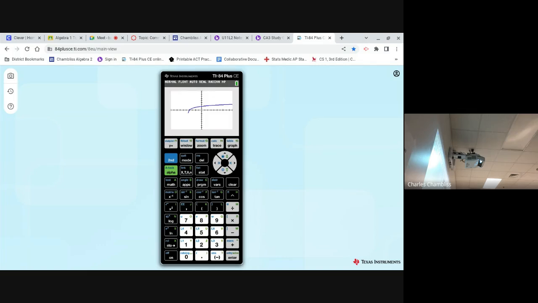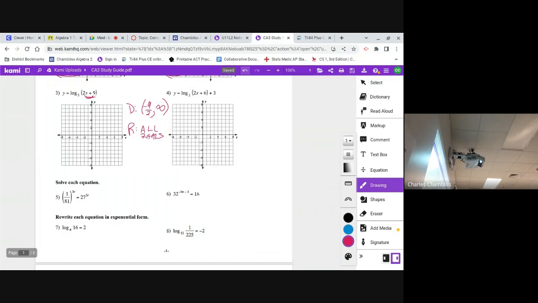Graph it. Looks like that. Remember, the calculator doesn't show it, but it does go infinitely down right there. Look at the table to get a couple of helpful numbers. -4, 0, -3, 1, 0, 2. Looks like that.